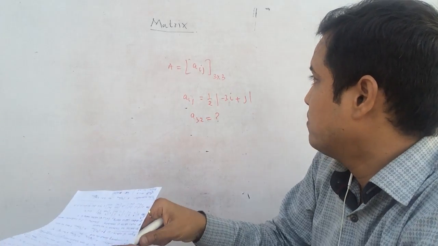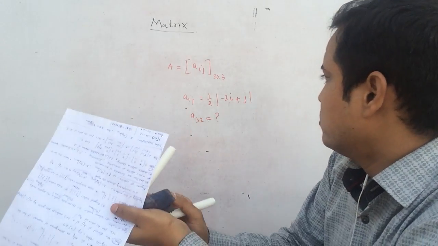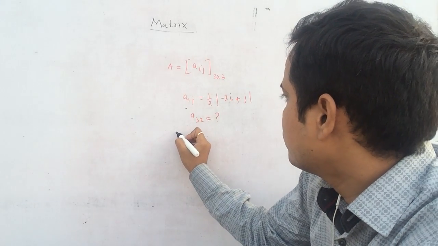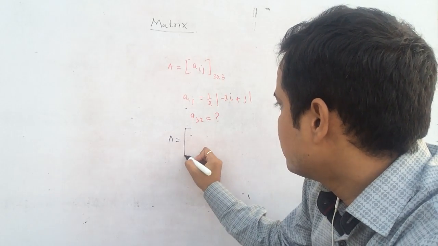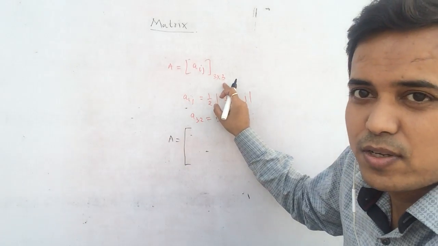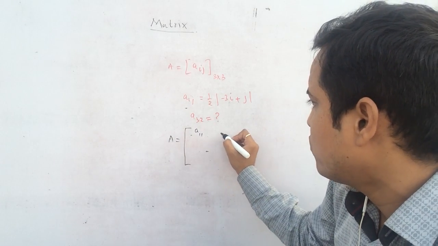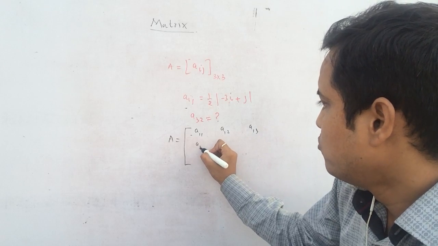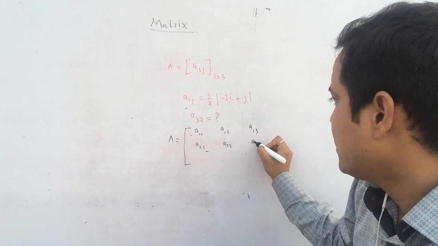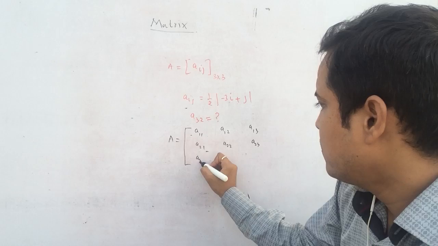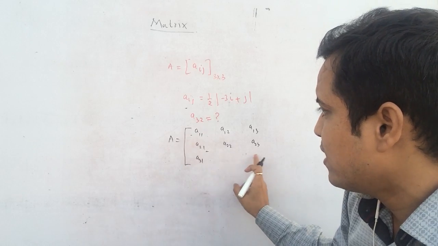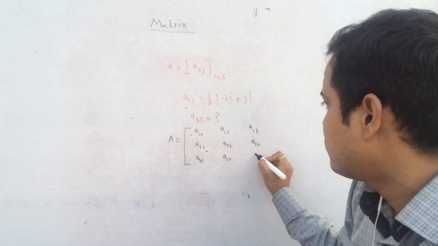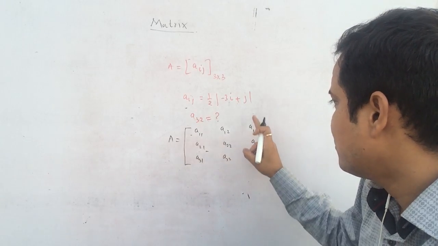So if you want to find the matrix, since it is a 3 cross 3 matrix, you need to find A11, A12, A13, A21, A22, A23, A31 means third row and first column, A32 third row and second column, A33 third row and third column.